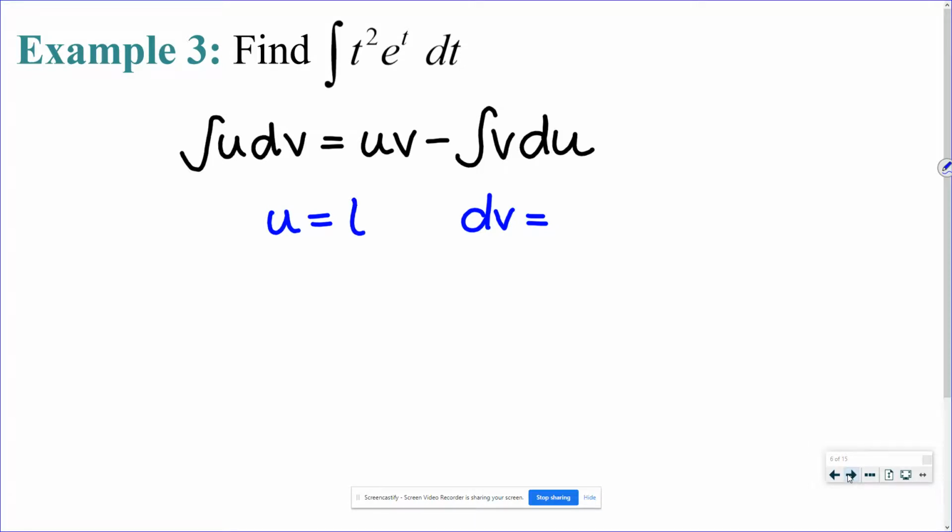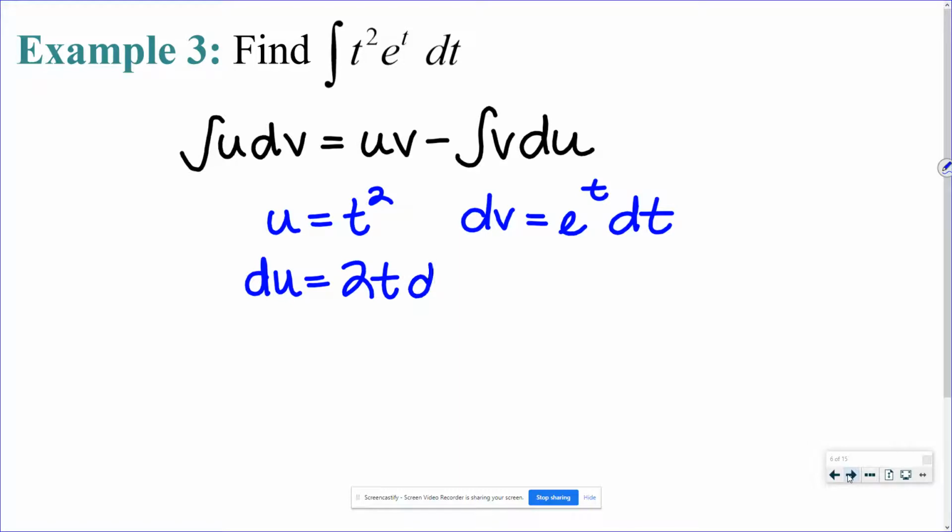So I'm going to set this up as t squared for u and e to the t dt for dv. So du is going to be 2t dt, and v is going to be e to the t. Okay.